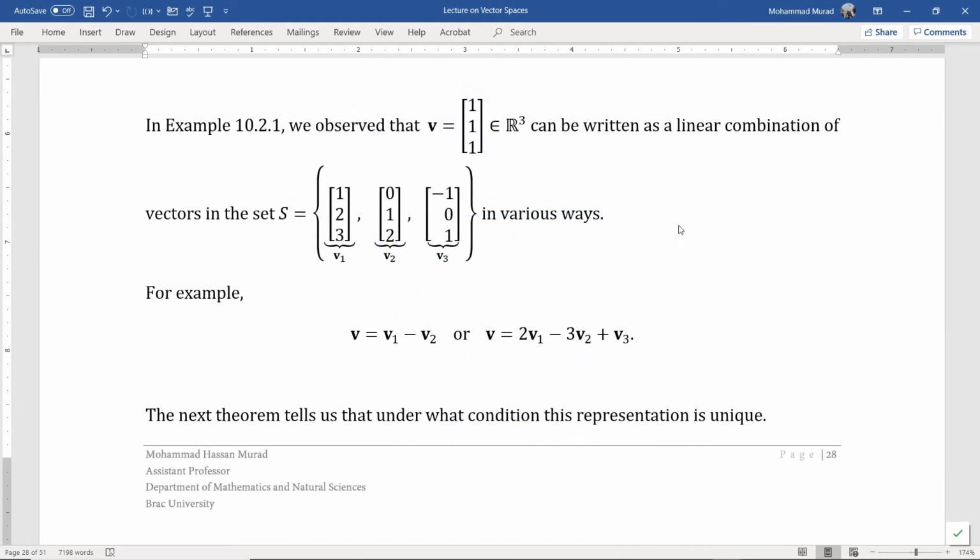In example 10.2.1, we observed that the vector v with these three components 1, 1, 1 in the vector space R3 can be written as a linear combination of vectors in the set S in various ways. For example, v is equal to v sub 1 minus v sub 2, or v equals 2 v sub 1 minus 3 v sub 2 plus v sub 3. Let's check the first one.